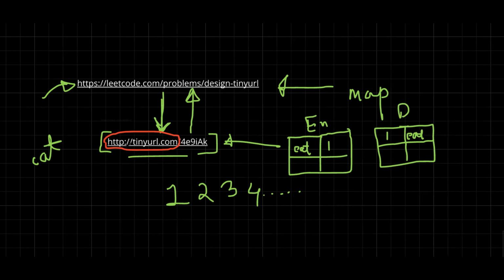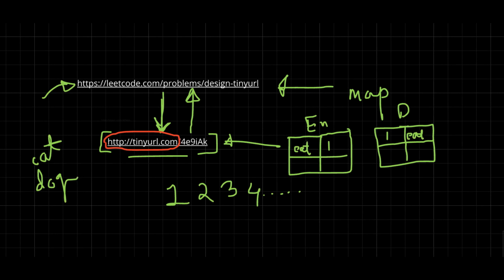Now, suppose we have found another word in the URL. Suppose it is dog. Now, let's see. In our encoding map, we have used the entry 1 for the word cat.